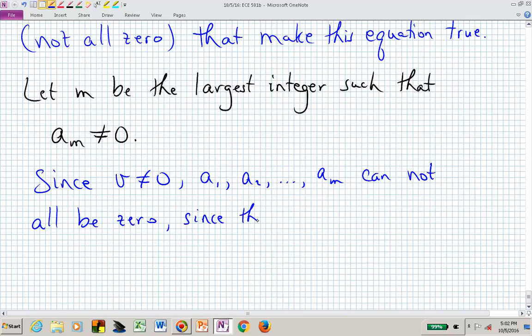Here I'm saying a1, a2, up to a sub m cannot all be 0, since that would force a sub 0 to equal 0.